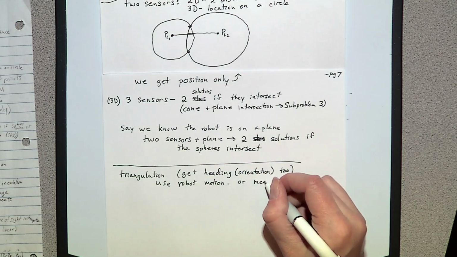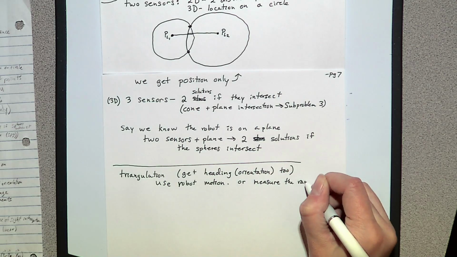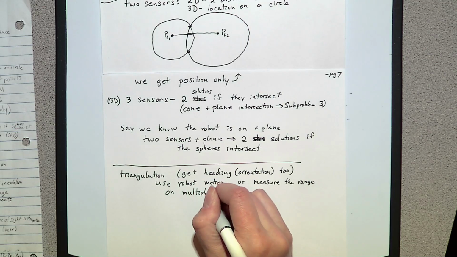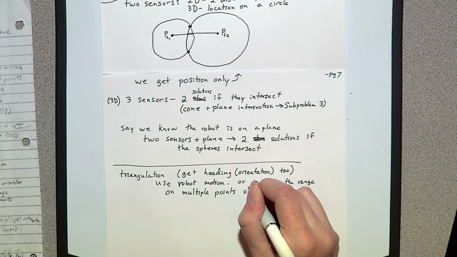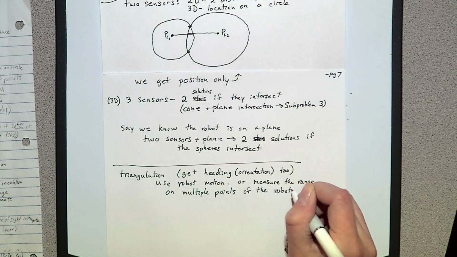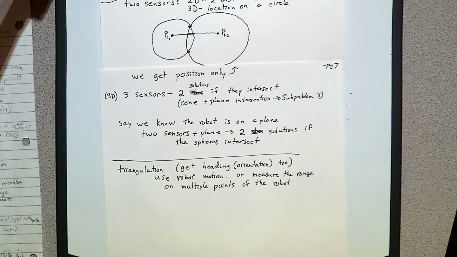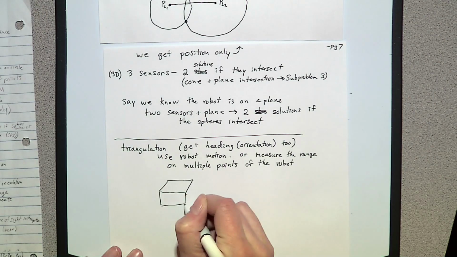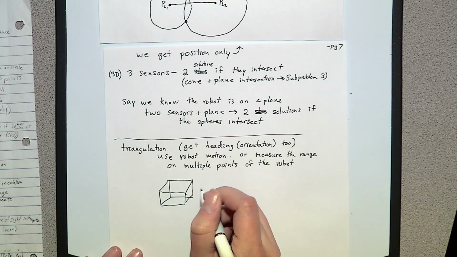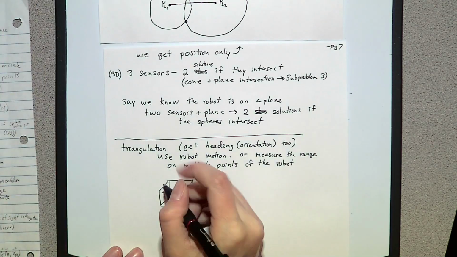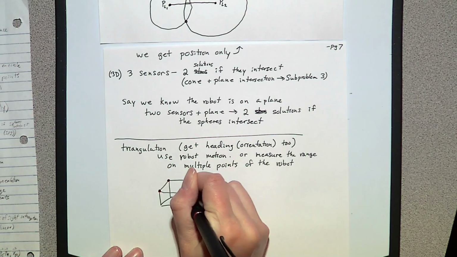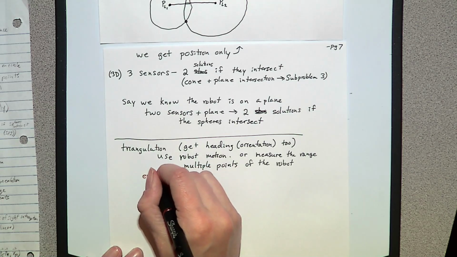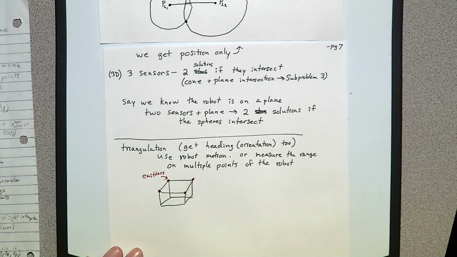Or you could measure the range on multiple points of the robot. So let's say, for example, that you have a room here, and let's say that you have emitters in the corners of the room. These emit some kind of signal.